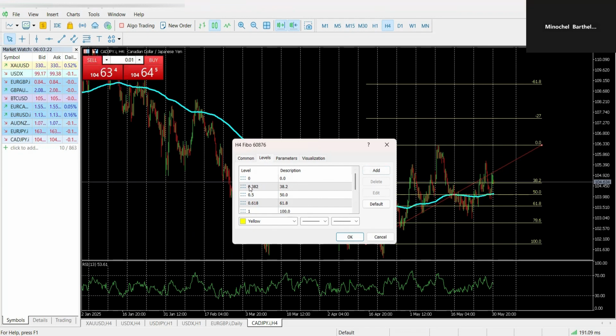You have 0, 0.382 (38.2%), 0.5 (50%), 0.618 (61.8%), 1 (100%), minus 0.27 (minus 27%), minus 0.61 (minus 61%), and 0.786 (78.6%). And these are the levels that I use for my fib retracement, right?